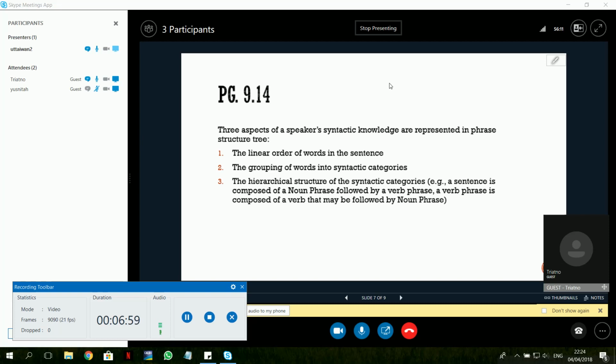Masih ingat nggak? I think at the beginning of our class, I mentioned two terms, content word and function word. Do you still remember what they are, content word and function word? Masih ingat nggak, Mas, content word dan function word?